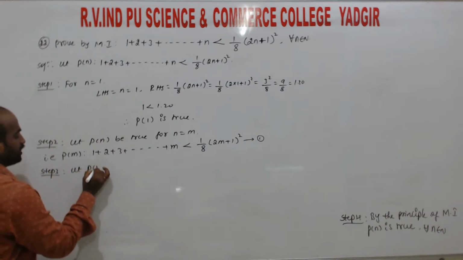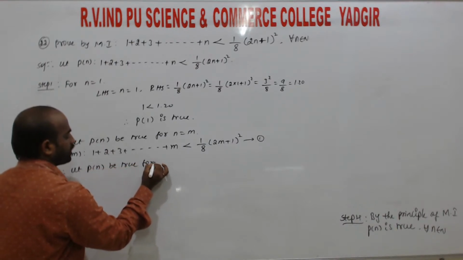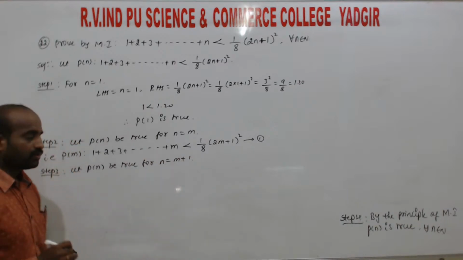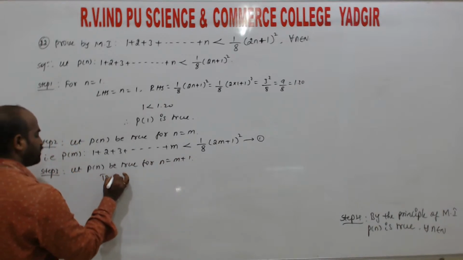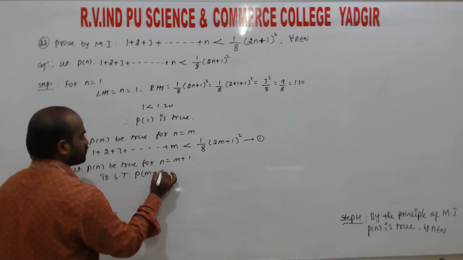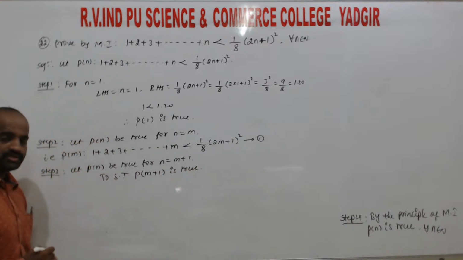Step 3. Let P of n be true for n equal to m plus 1. We have to show that P of m plus 1 is true.